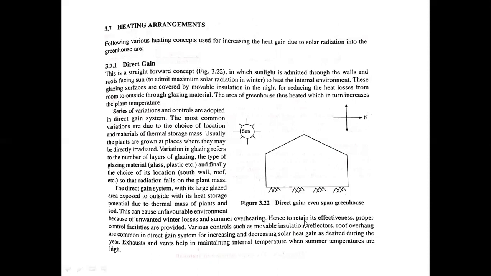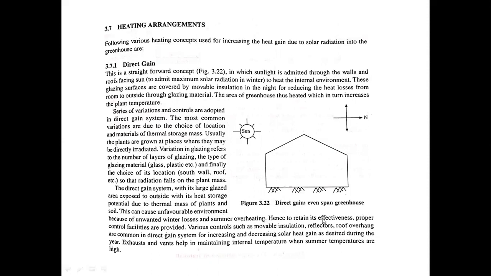Also, the large glazed area outside the heat storage can be adopted for maximum heat attraction in the greenhouse. Also, the seasons can influence the air control in the greenhouse.